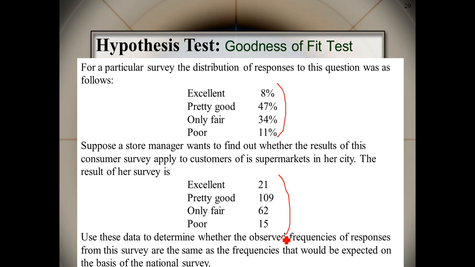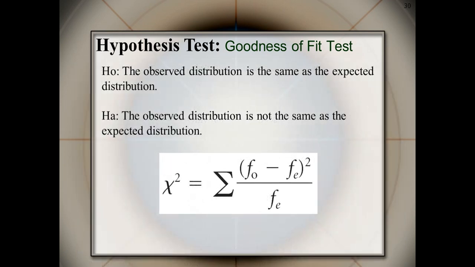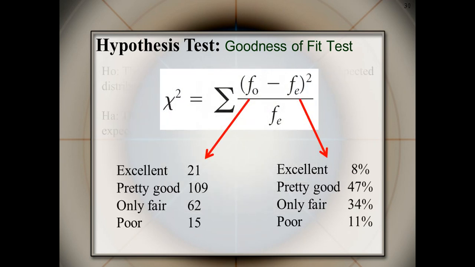As a first step, we have to frame a hypothesis. My hypothesis is that the observed distribution is the same as the expected distribution, and the alternate is the opposite of that. And since we have the formula (FO minus FE) squared upon FE, where FO is the observed frequency and FE is the expected frequency, how are we going to compute these two?